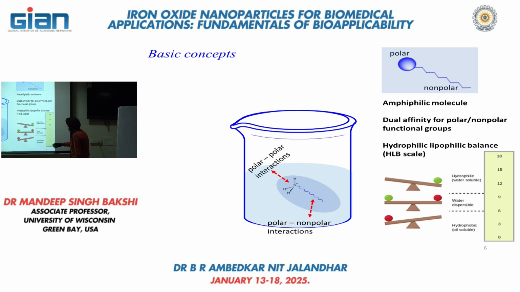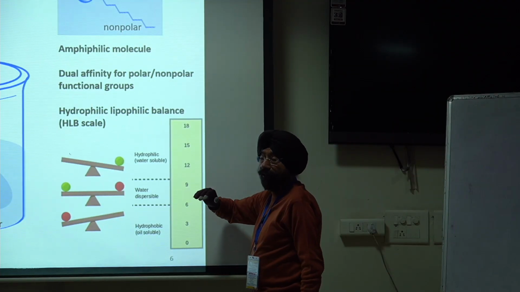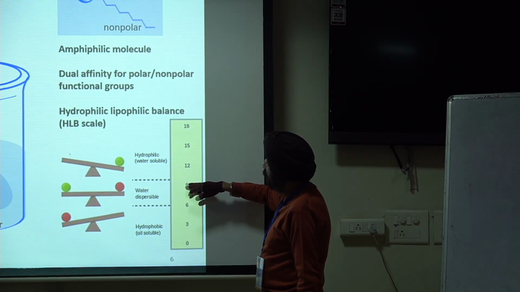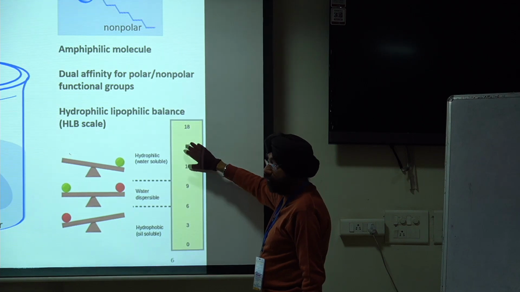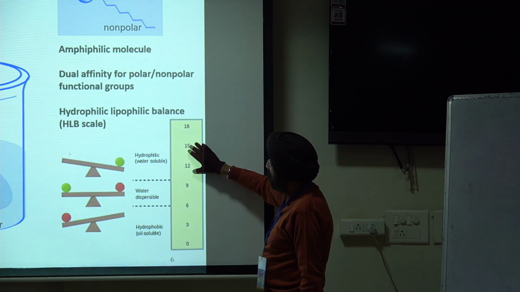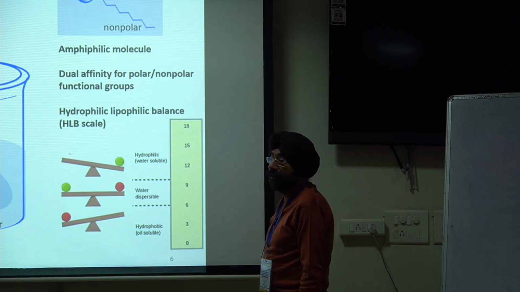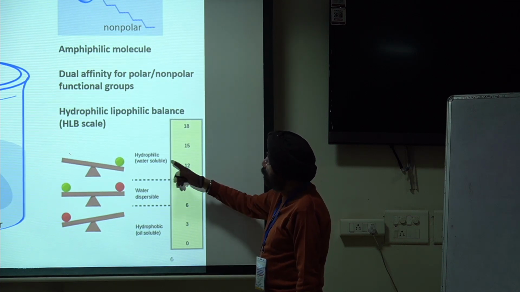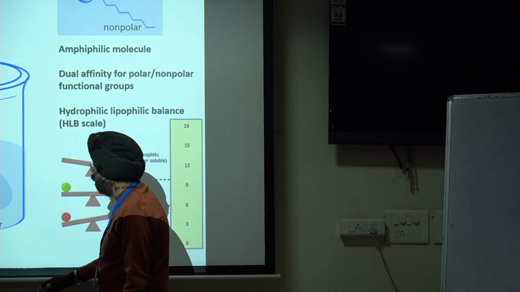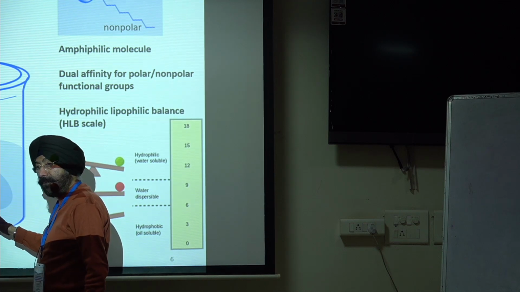The scale runs from 0 to all the way to 18. Now, when the HLB value is higher than 9, up to 18, the molecules with that HLB number reside within this part of the scale. They are highly hydrophilic, highly water soluble. It means that the polar-polar interactions are predominant in comparison to non-polar interaction.